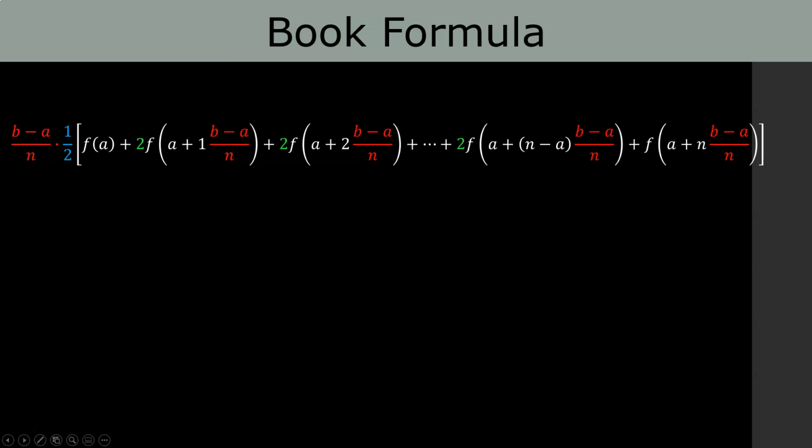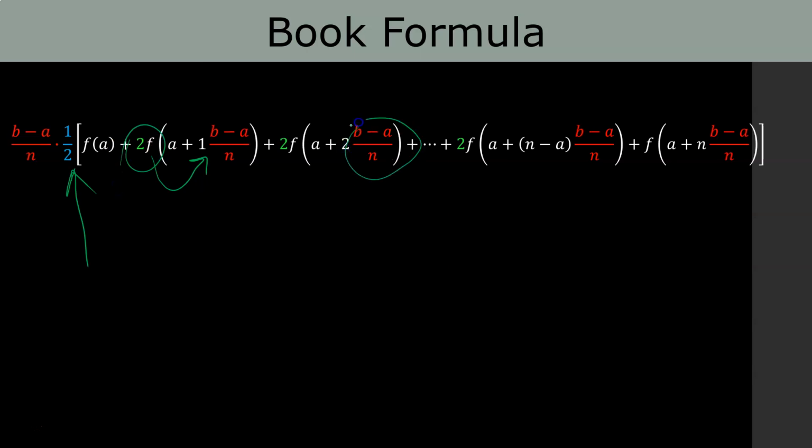Well, b minus a over n up front isn't too crazy. You saw that the 1/2 right here was factored out, and then just f of, the function evaluated at the left-hand endpoint, then evaluate the function at 1 width away from the left-hand endpoint. There are going to be 2 of those.